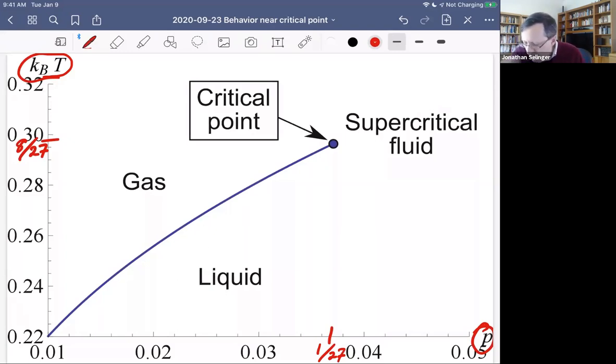Now this tells us where the critical point is, but there is still more information to be had. What else might we want to know?